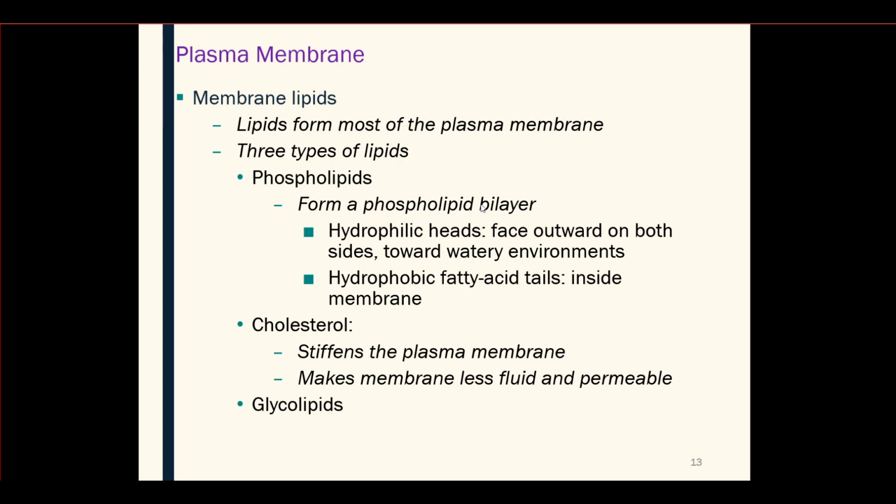I'm going to show you that in a minute. But remember that one part of the phospholipid is a hydrophilic part. We call that the hydrophilic head. When we throw this phospholipid in water, these are going to face outward on both sides. They're going to always face the water, where the hydrophobic fatty acid tails are going to be inside the cell membrane.